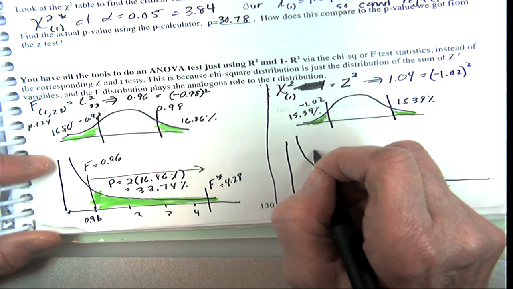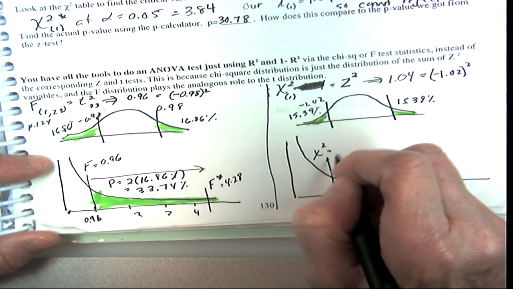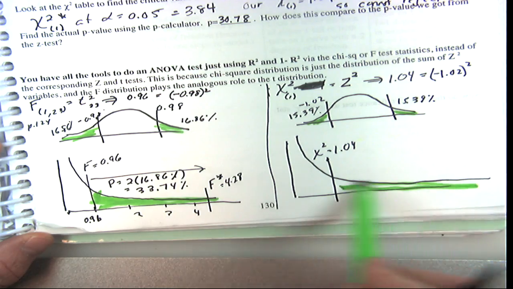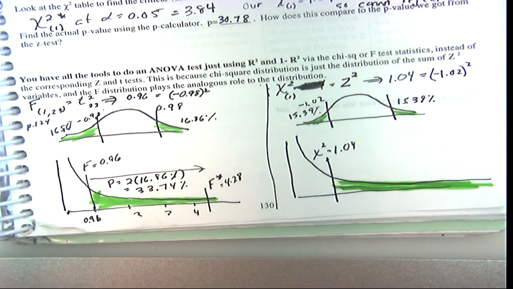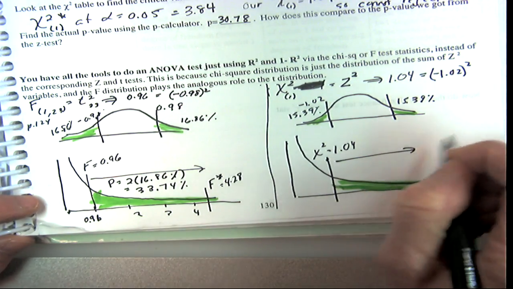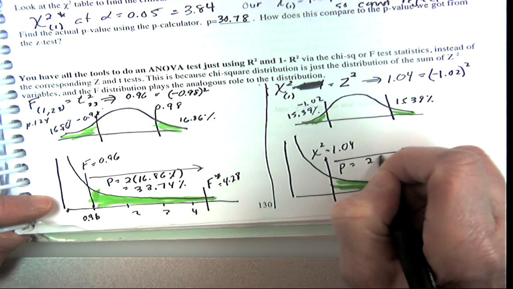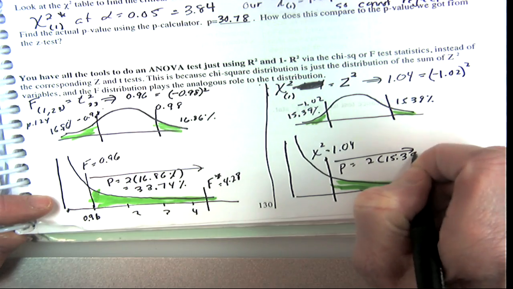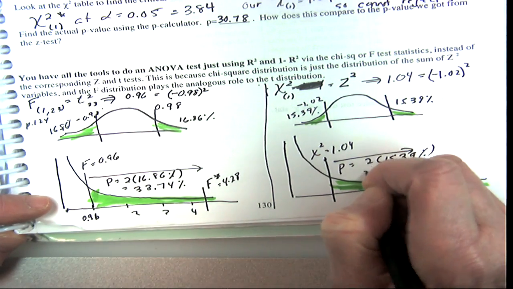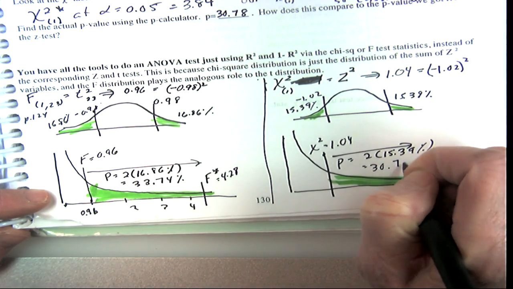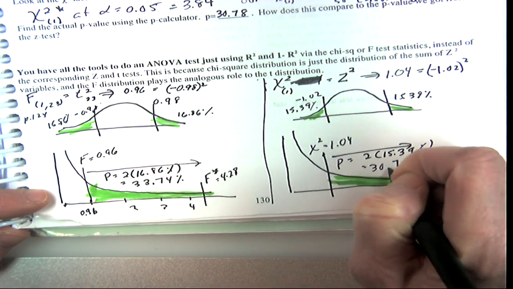That's our chi-squared that we got, 1.04, and this whole thing here was a p-value equal to twice that, 2 times 15.39%, and it was equal to 30.78%.